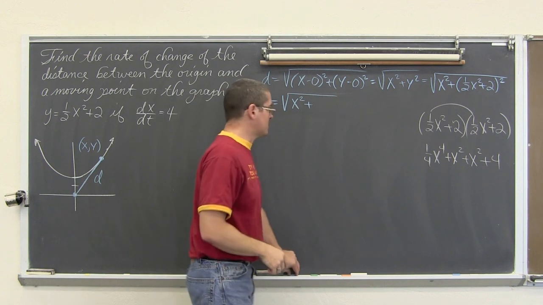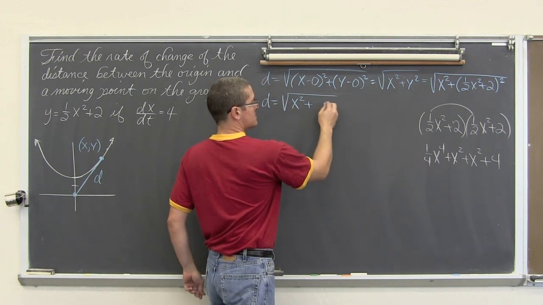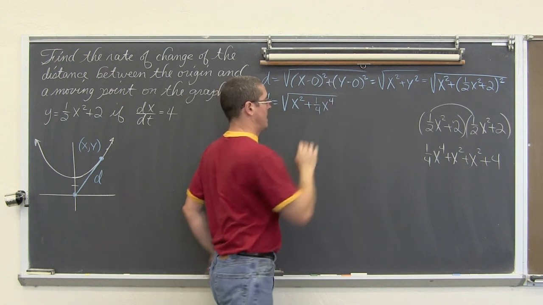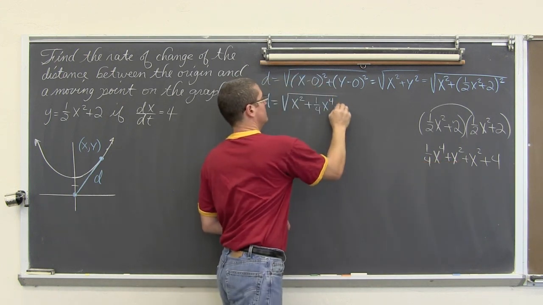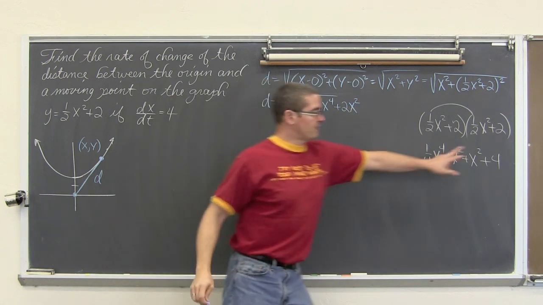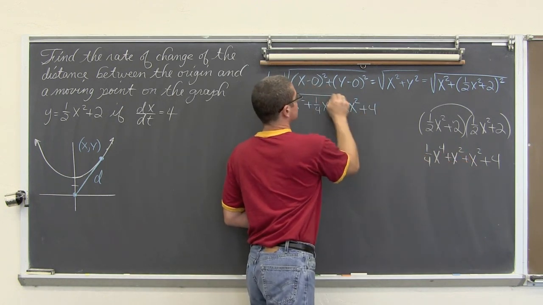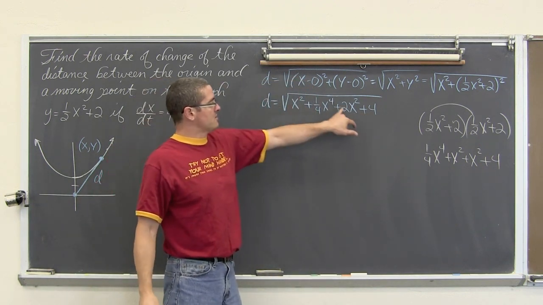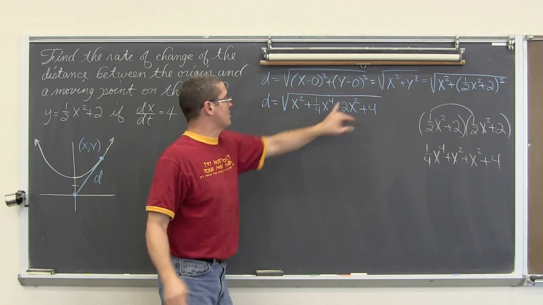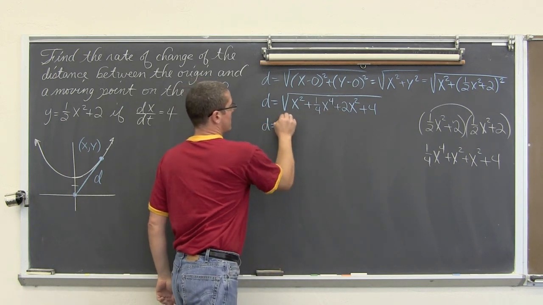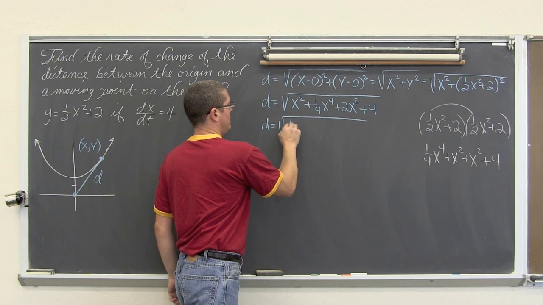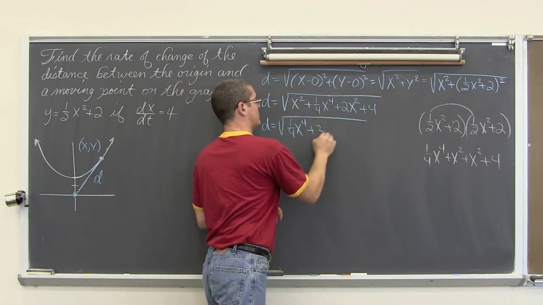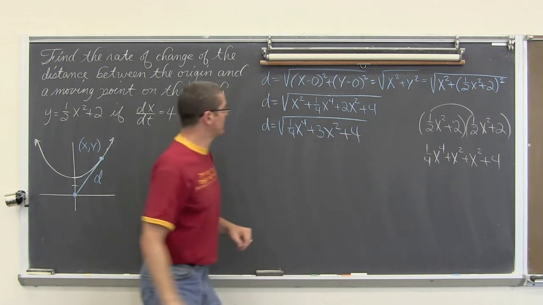So this is going to be 1/4 x to the 4th power, 1 and 1 makes 2, and then the 4. Let's simplify this some more, because here's a 1 and here's a 2, which makes 3. They're like terms. So we have d is equal to the square root of 1/4 x to the 4th plus 3x squared plus 4.